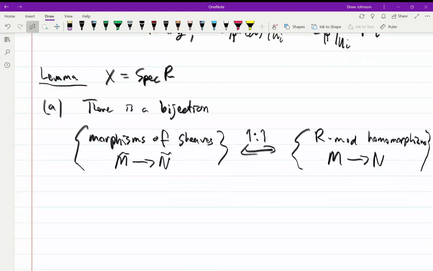So if you have R-modules M and N, then the R-module homomorphisms correspond exactly to the morphisms of these tilde sheaves, and vice versa. Okay, so that's part A.